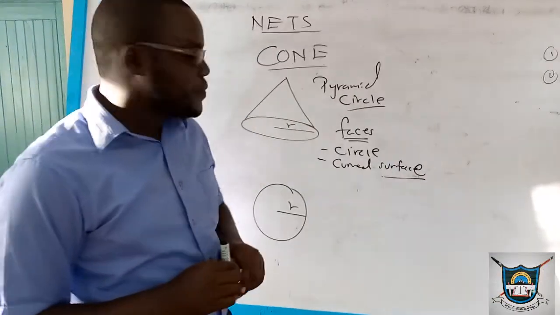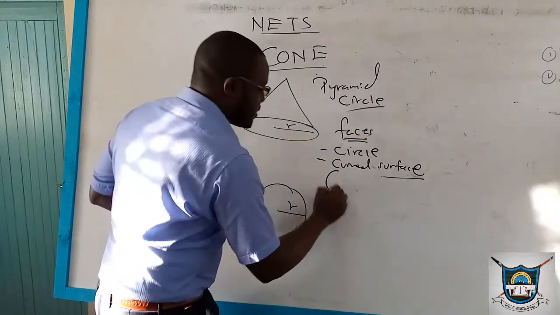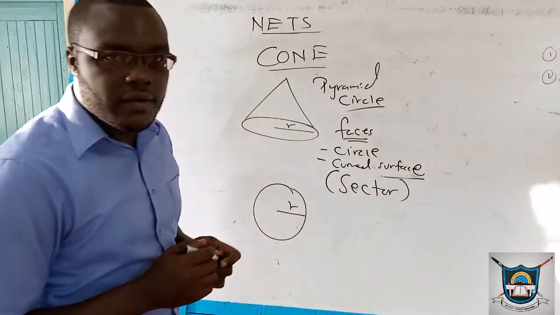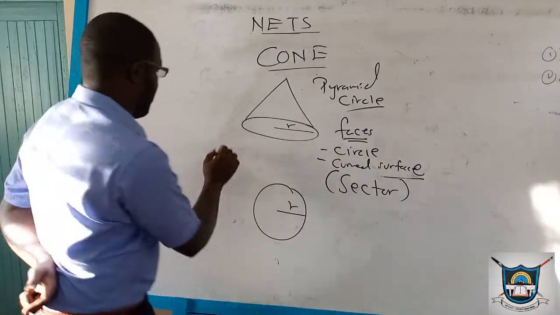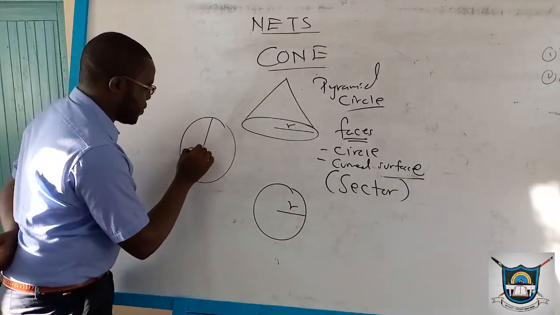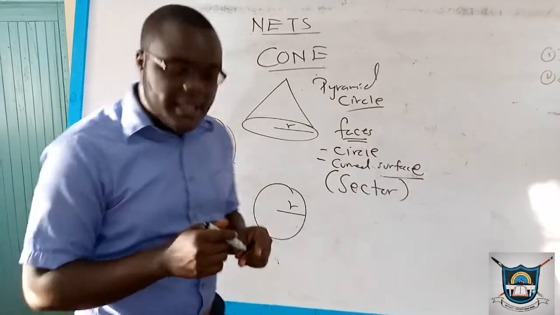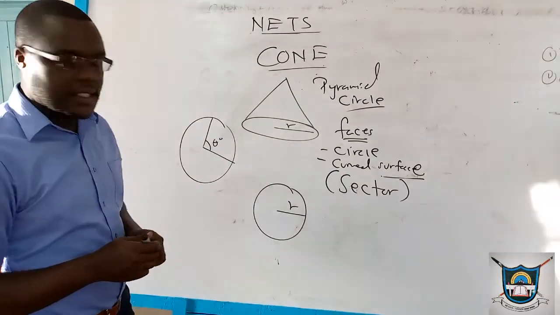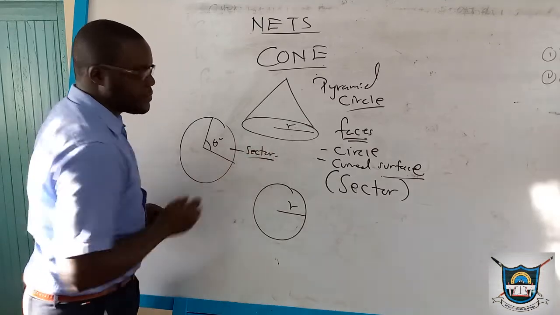Step 2, the curved surface area that I was telling you about happens to be a sector of a circle. Remember, when you are having your chapatis at home, you can get a slice of a chapati, and this piece is what we call a sector.